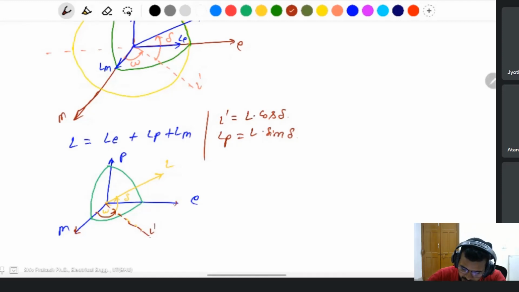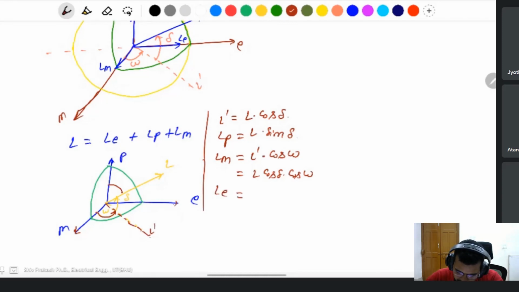That's why this angle is delta, and this will be 90 minus delta. Then the P axis is L sin delta, and the meridional axis is L dash into cos omega, and L dash is defined as L cos delta, so this will be L cos delta cos omega.